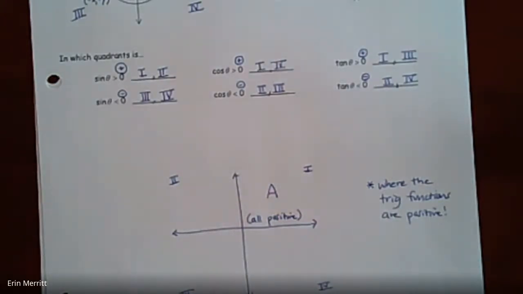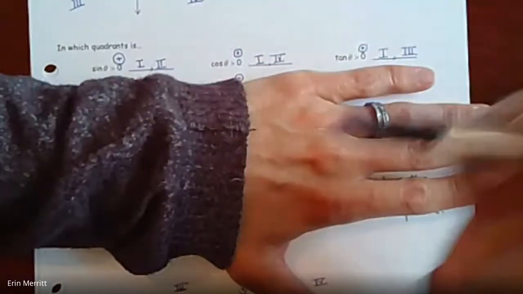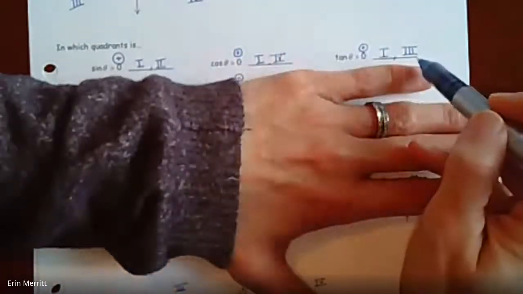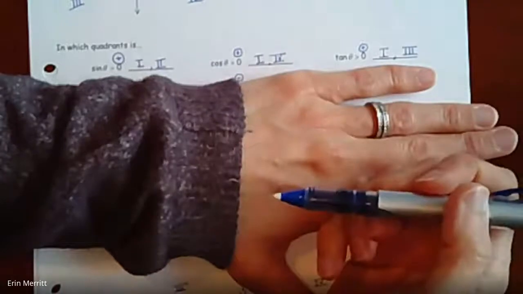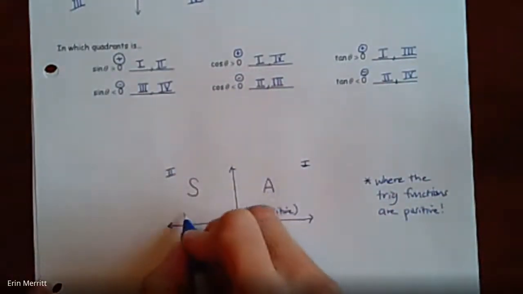All right. In quadrant 2, what's positive in quadrant 2? Well, let's just look across that top row. The only thing that's positive in quadrant 2 is just sine, not cosine, not tangent. So over here, we're going to put an S to represent that sine is positive.